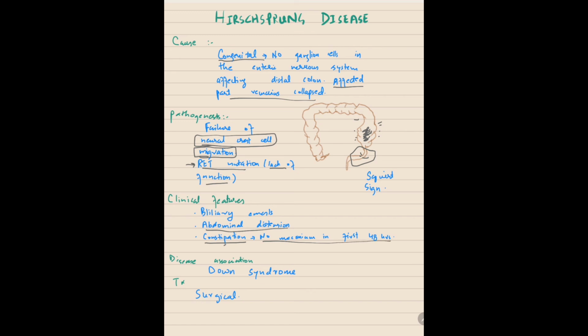And then the third thing is biliary emesis. Let's talk about that in a bit more detail. If we have a stomach here, and then the duodenum that comes around like this, and then we have the pancreas here, and a gallbladder, and then the pancreatic duct, it empties the bile here.